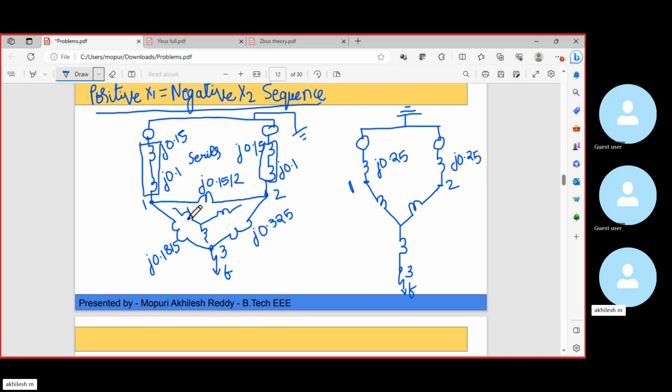We take this as A, this as B, and this as C. Then A will be, like the previous case, J0.1815 into J0.1512 divided by the summation.